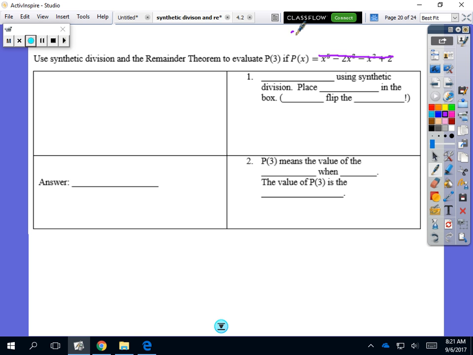We're going to use 3x squared minus 20x plus 12, and we're going to evaluate for p of 3 still. So you're going to take 3, because a is 3 in this one, and put it in the box. And I don't need to put any zeros in, so I have 3, -20, and 12.